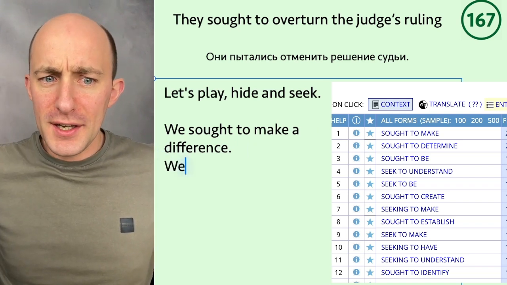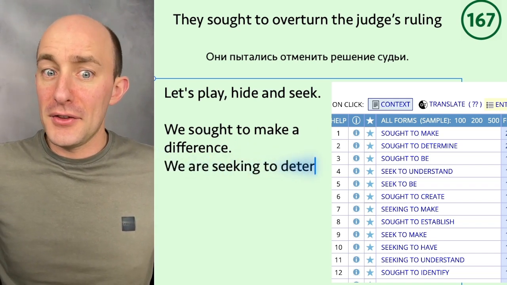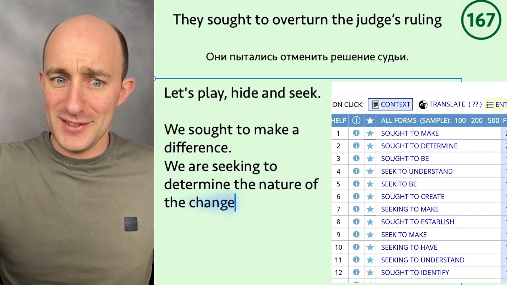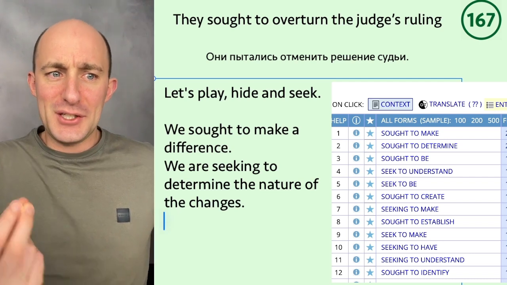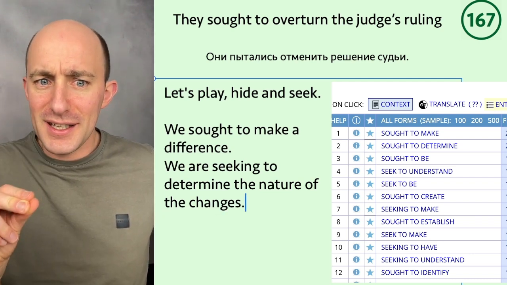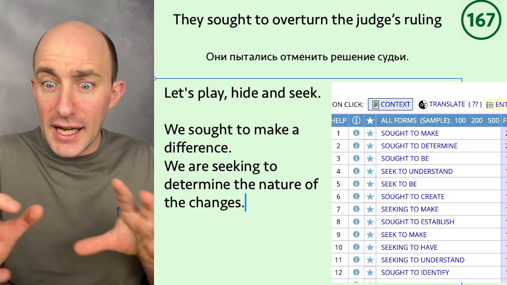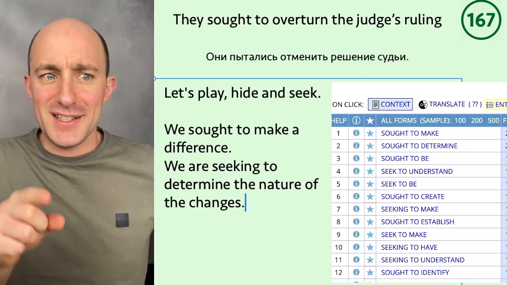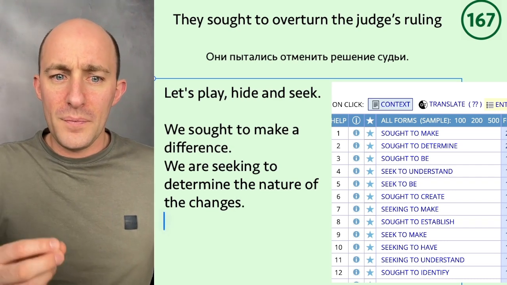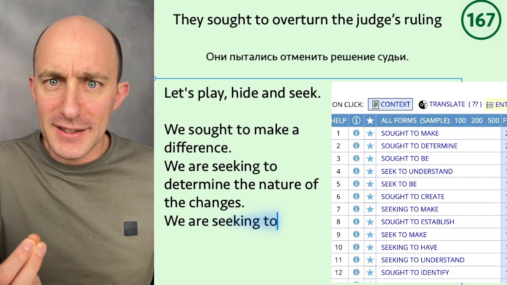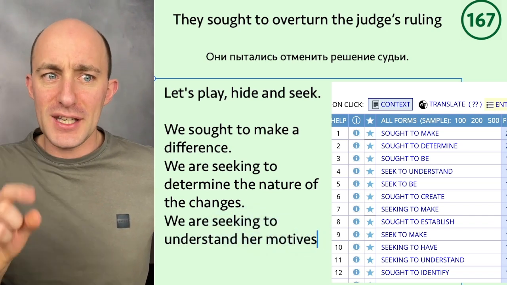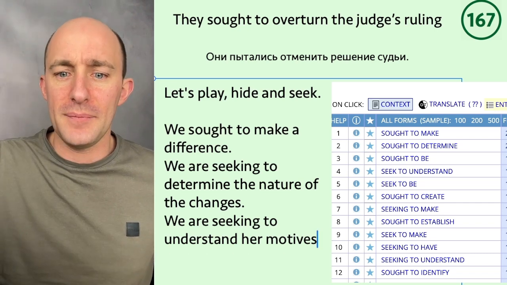We are seeking to determine the nature of the changes. Determine in this case means to establish. We're seeking to determine exactly what happened. And as you can see, it's a common collocation with seek. We are seeking to understand her motives. So seek, two meanings, to look for and to try.